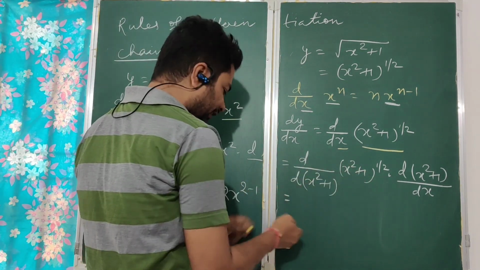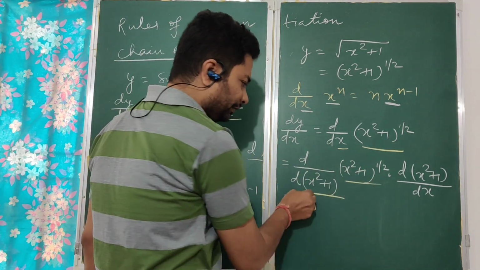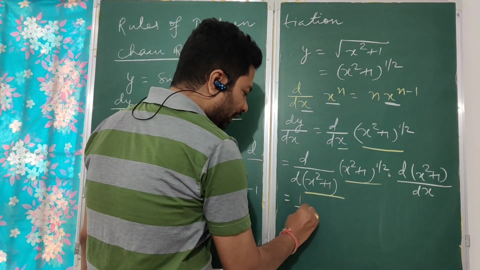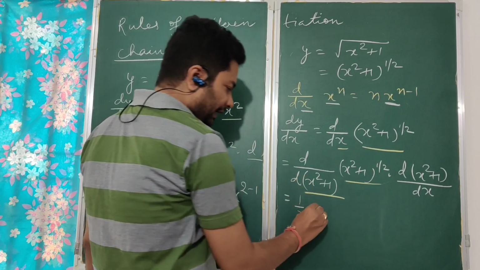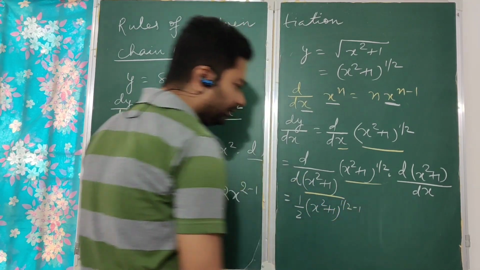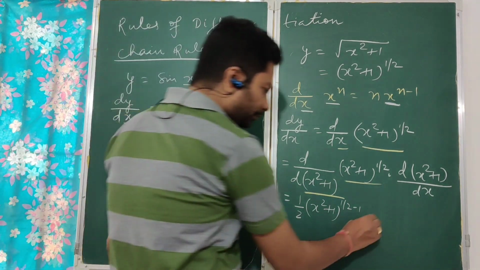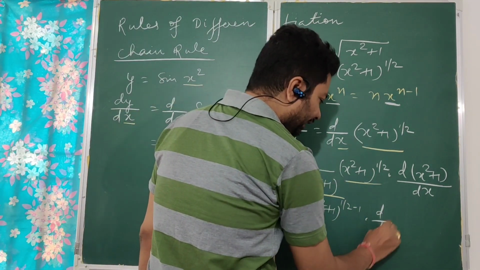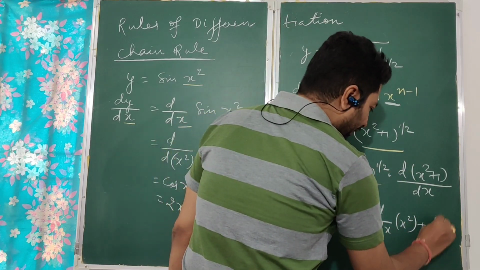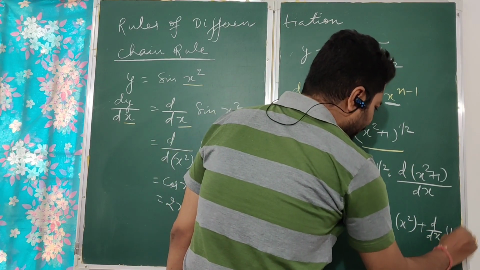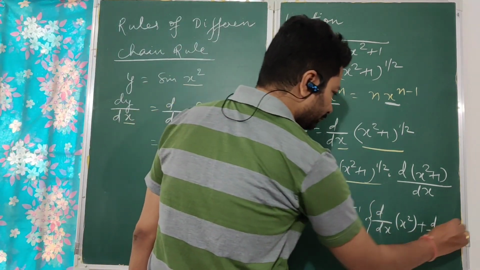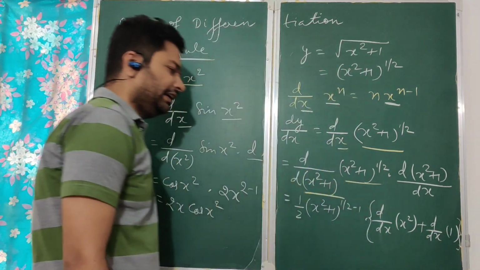Now you see this is in the standard form. What will be the differentiation of this? Use the formula. Half x square plus 1 to the power of half minus 1 into d by dx of x square plus d by dx of 1. Correct?